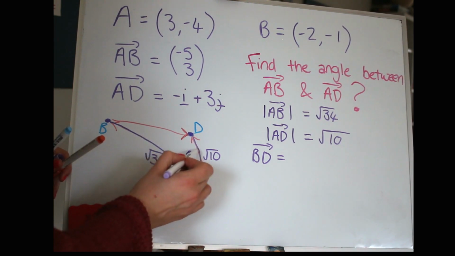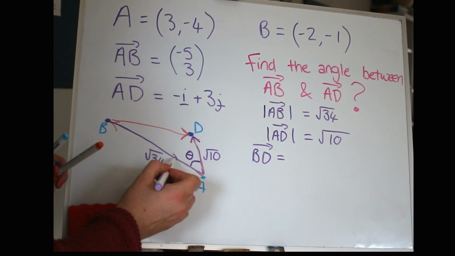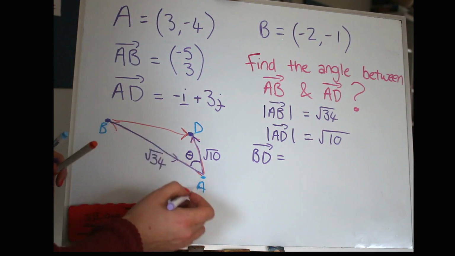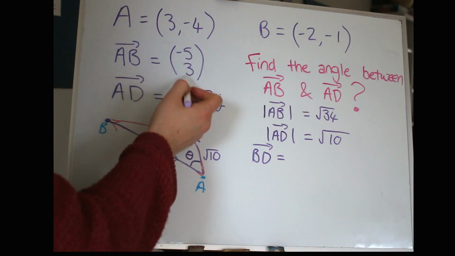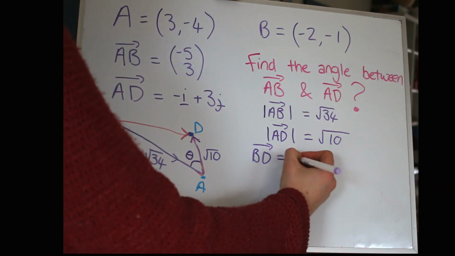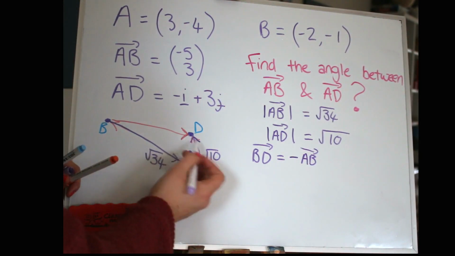So that's the same as that vector. This one's going the opposite way though. So this one's B to A instead of A to B, which is the same, but it will just reverse the signs. It'll make it negative. It's going to be like negative AB and then plus your A to D.